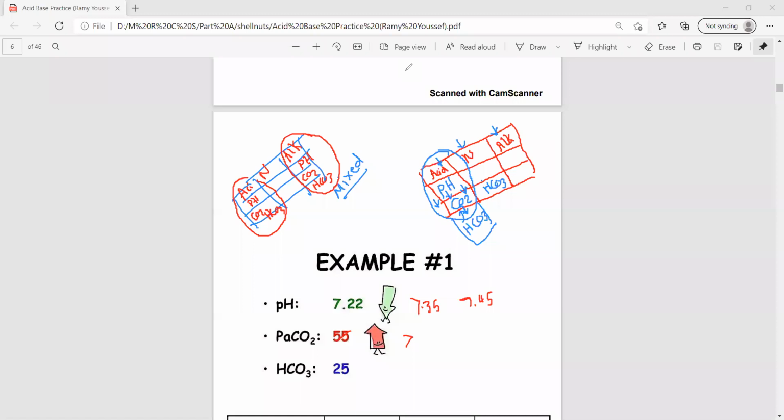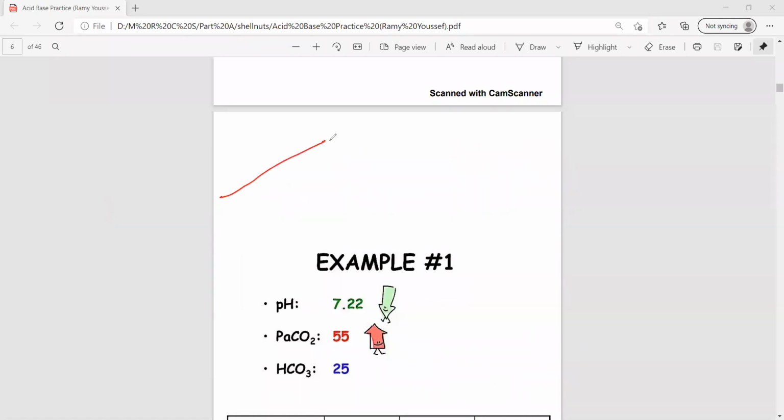Okay. If this is normal, this is acidosis, this is alkalosis, and I found the pH here, and CO2 and HCO3 here, this is what?